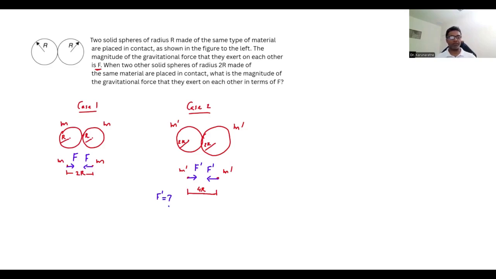That's the objective. I'm going to use two important equations in order to solve this. The first one is Newton's law of gravitation for point masses.